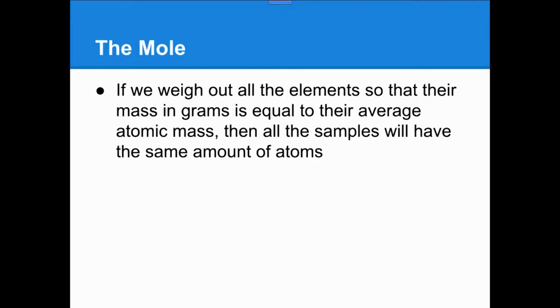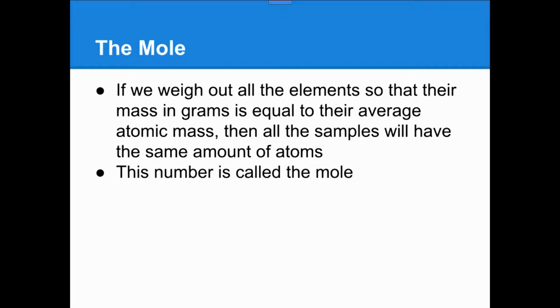If you counted up all the atoms in 1.01 grams of hydrogen, it would equal the amount of atoms in 14.01 grams of nitrogen, which is kind of a cool thing that works out, that fun little fact there, and we can use that very easily in all of our problems that we need to do.